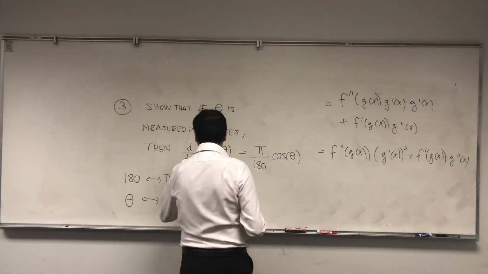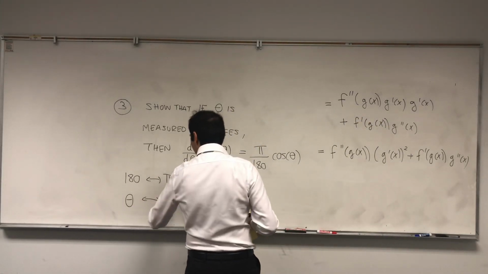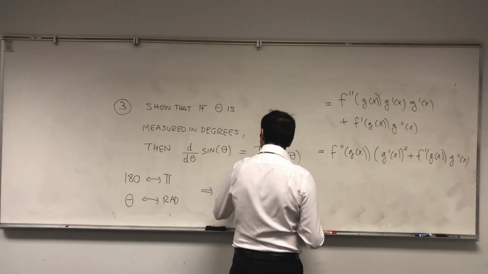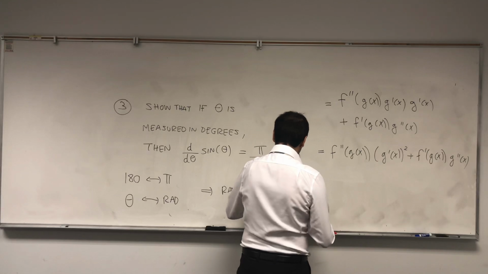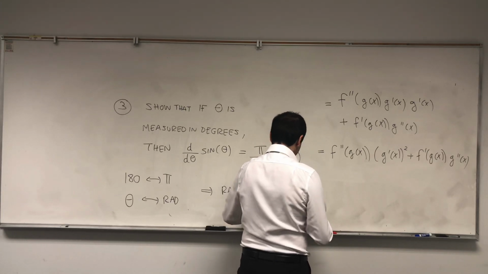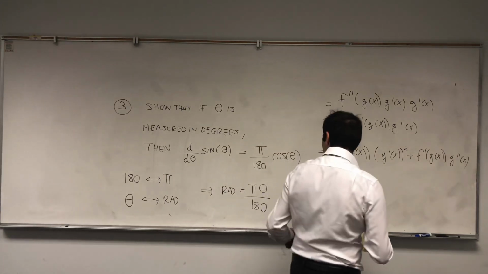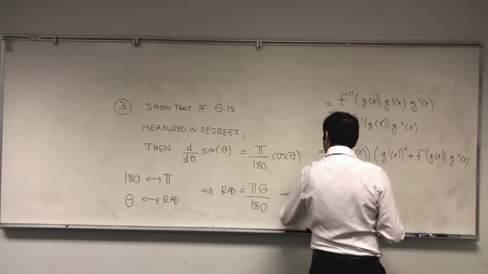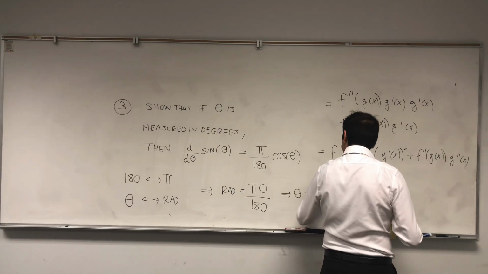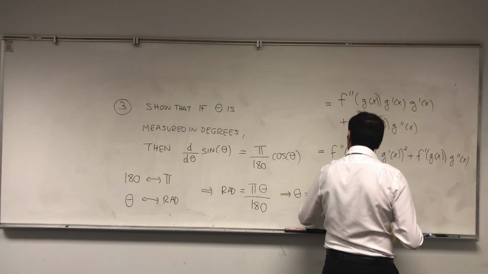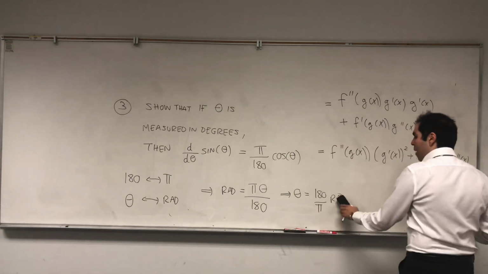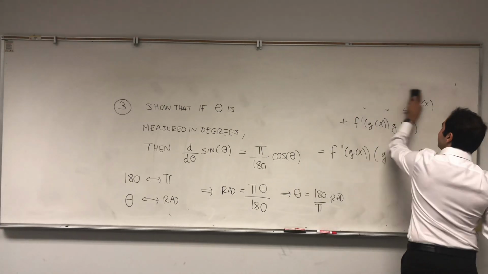And so using proportionality, I think you get rad equals pi theta over 180. And so in particular, I believe theta becomes 180 over pi radians. Makes sense. If radians is pi, you should get 180 degrees.